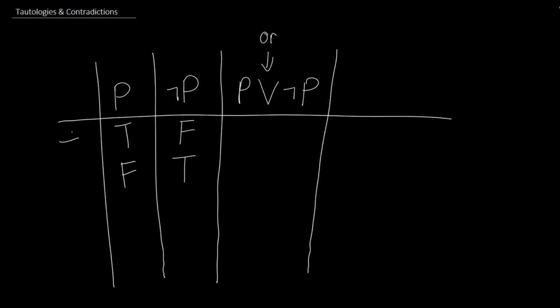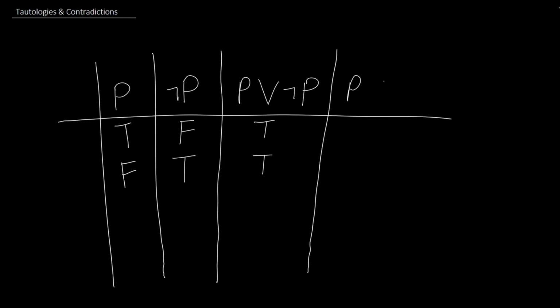Well, in both universes that we have here, we have at least one of them being true, right? So it satisfies the necessary conditions. So it's true on all possible realities. And there we have it. That's our first example of a tautology, P or not P.